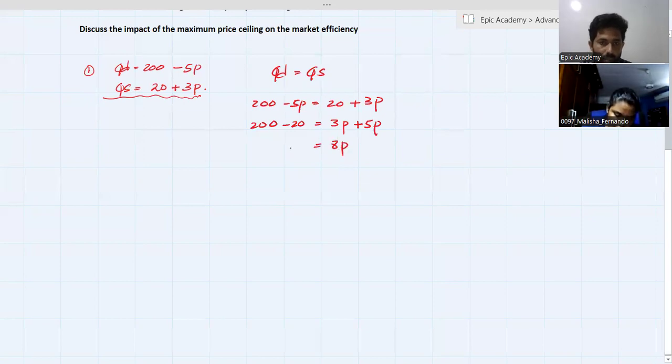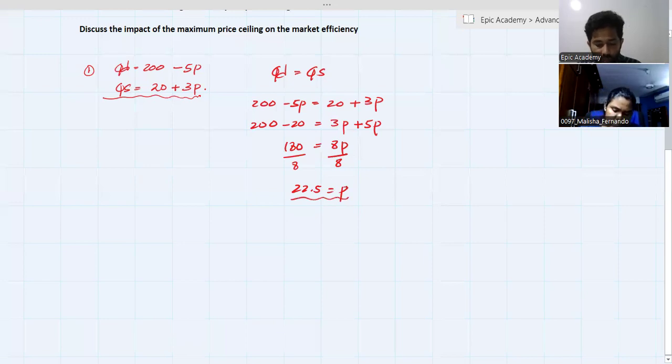So 8p must be equal to 180. Then divide both sides by 8, that is 180 divided by 8. So you get the answer: it is 22.5. Yes, this is the price.